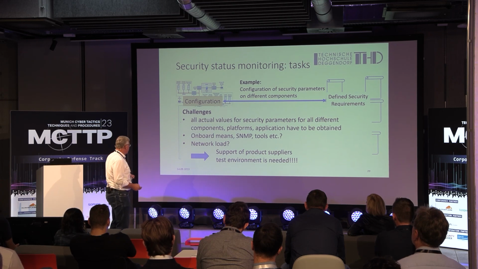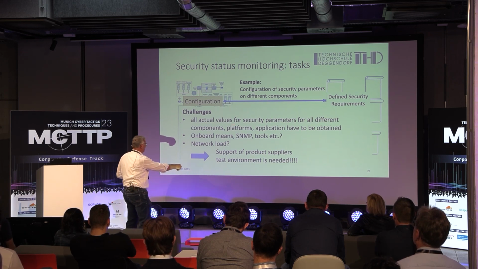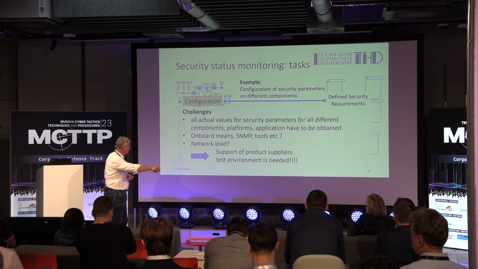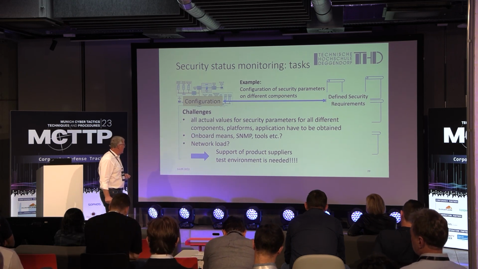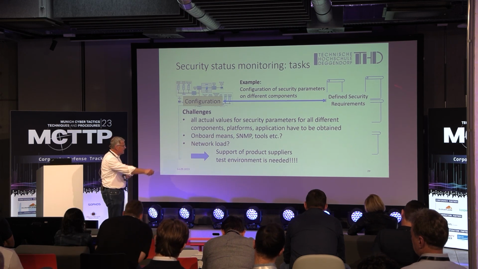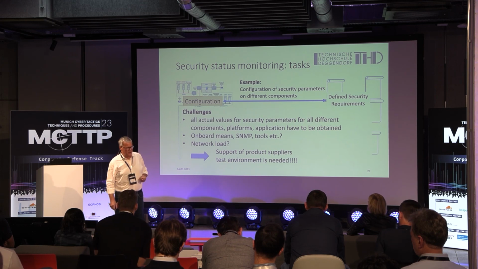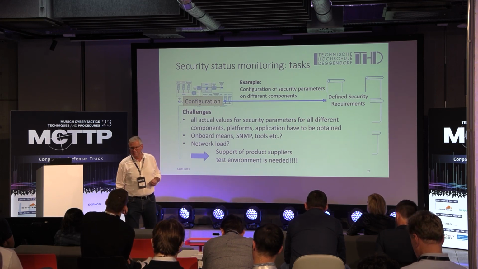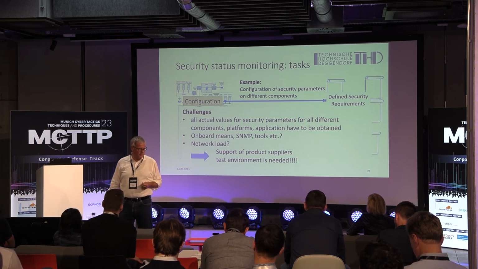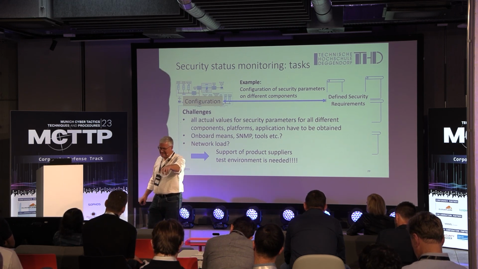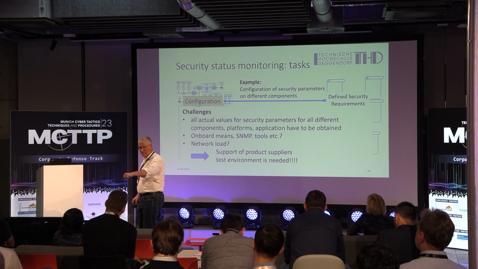Okay. I addressed that, all actual security parameters for all different components, platforms, and so on have to be identified and then have to be obtained. How can that be obtained in IACS? That is for the Purdue level 0 and 1, so for the PLC, sensor networks and things, really a problem.